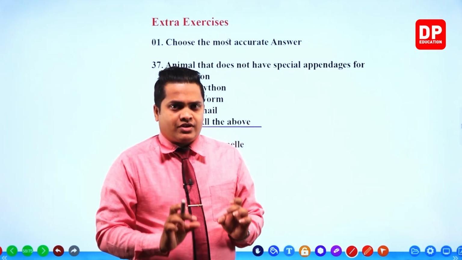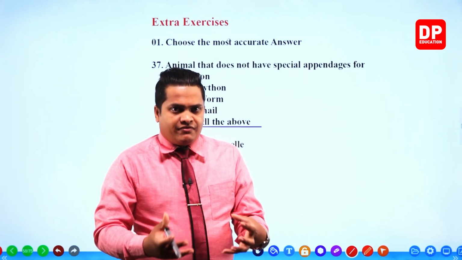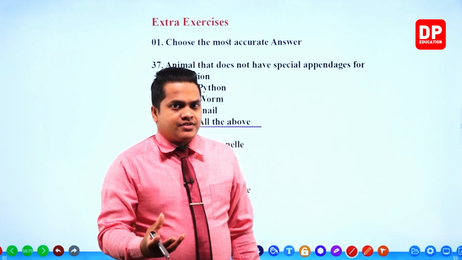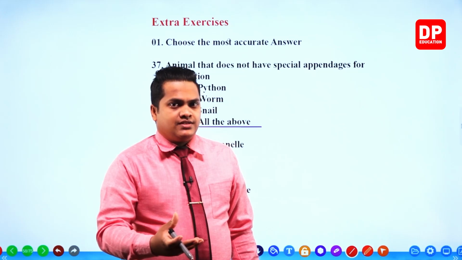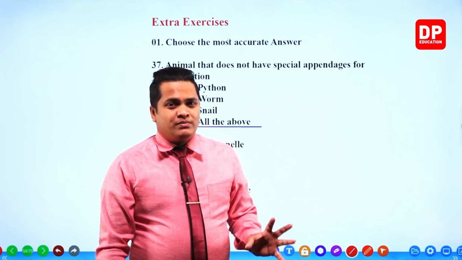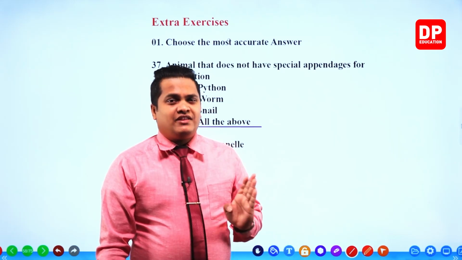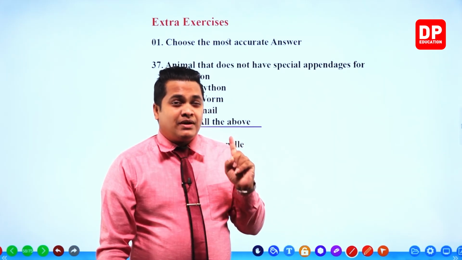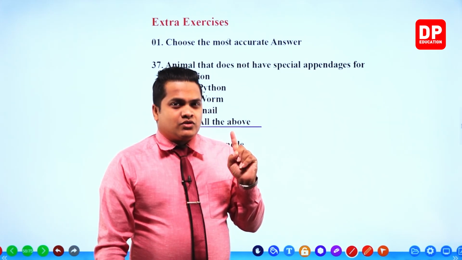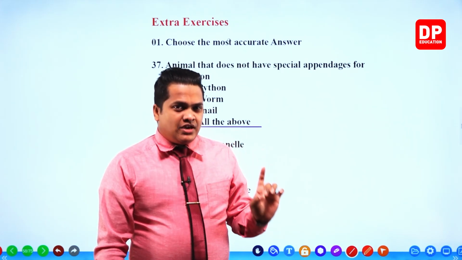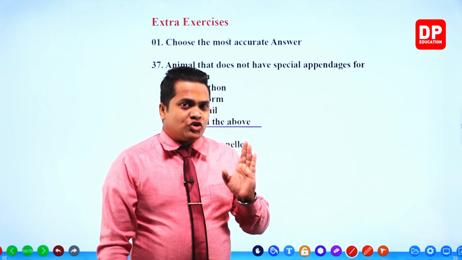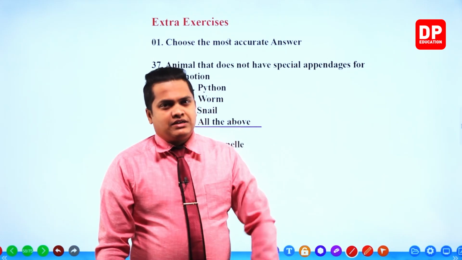Mitochondria is the special structure that performs cellular respiration. These structures contained within cells are called organelles. These things can be observed only within one particular cell. So here you have to select the organelle. That means these things should be contained within one particular cell.